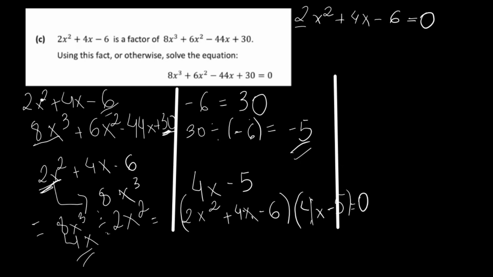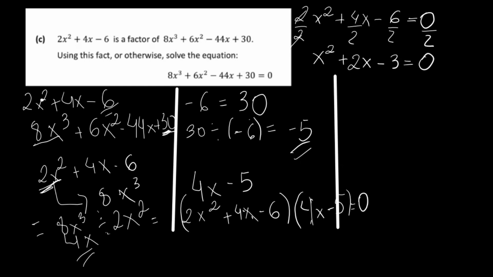So which expression do we have? x squared, because it will be 1, plus 4 divided by 2 will be 2x, don't forget the x, minus 3 is equal to 0.